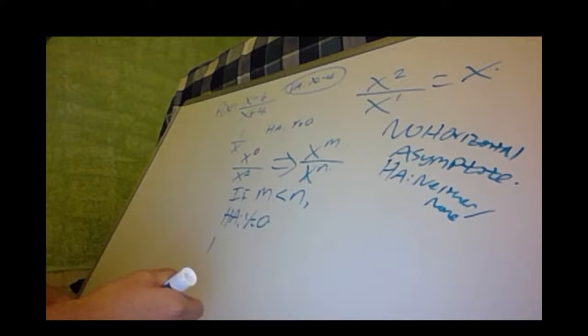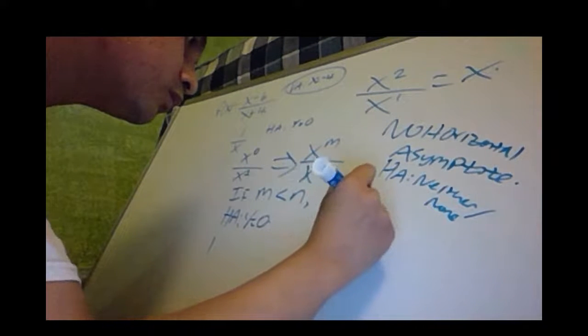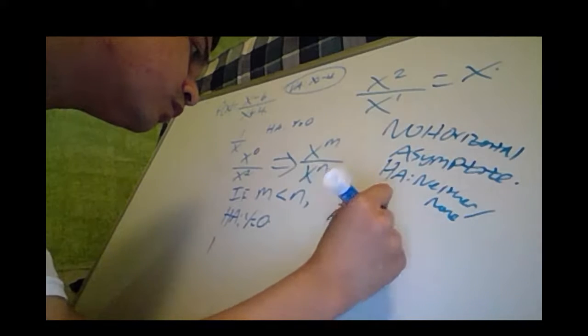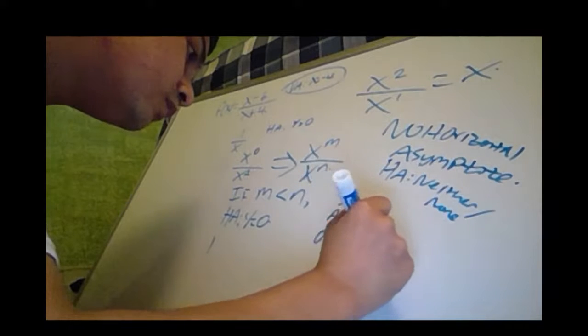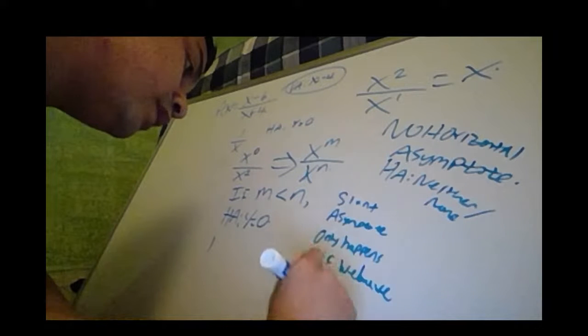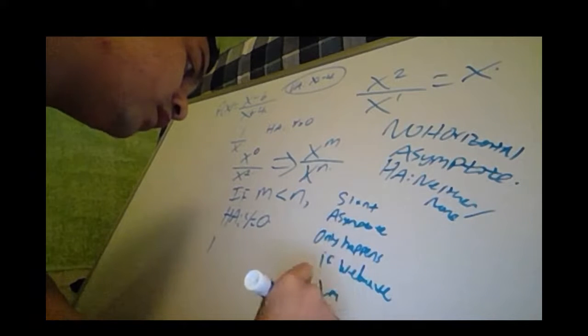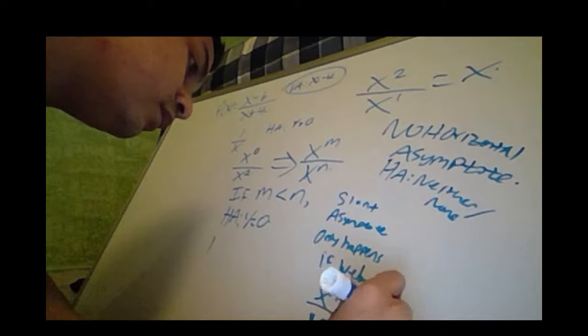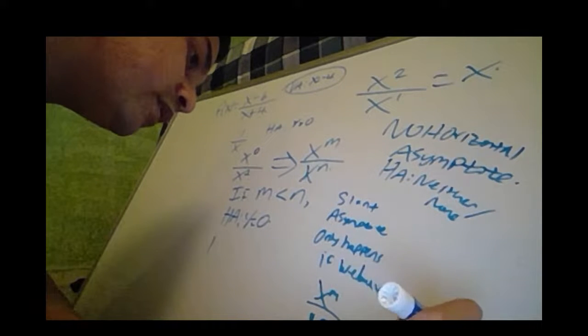Because remember, a slant asymptote only happens if we have x to the m over x to the n, and m is greater than n.